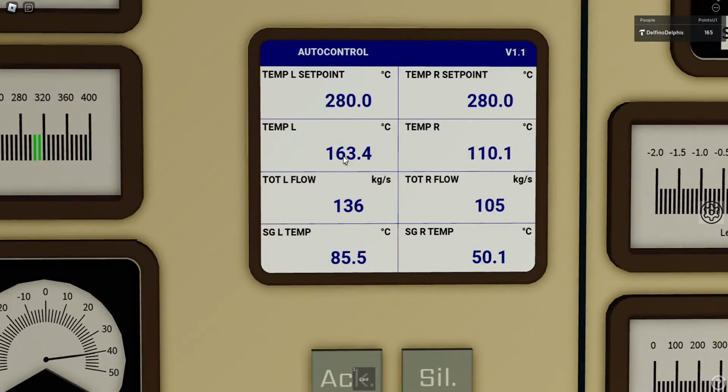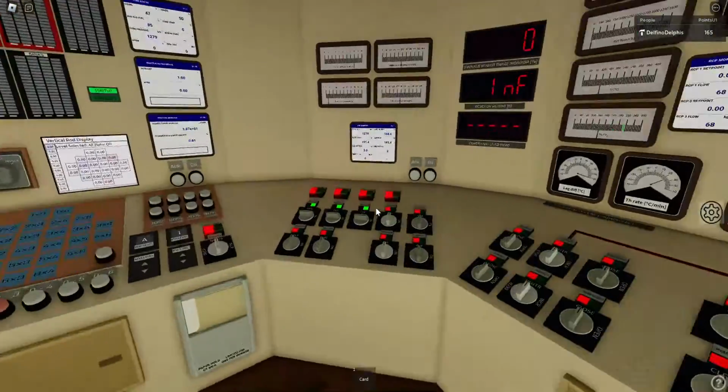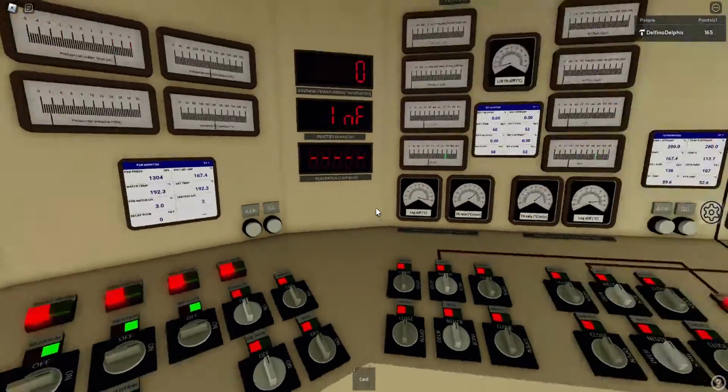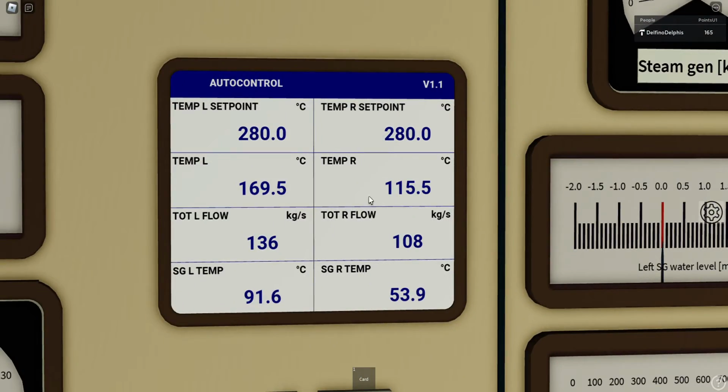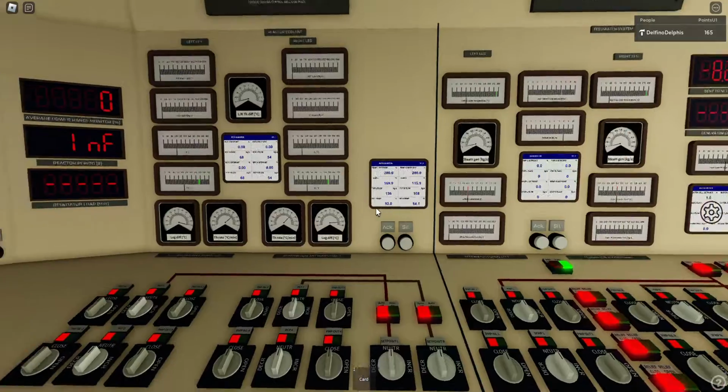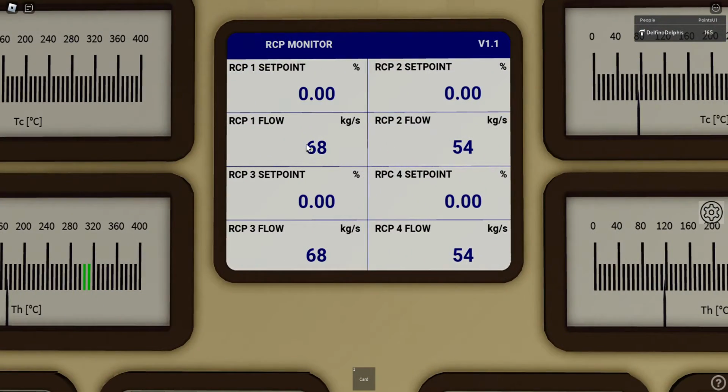You can see the temperature in the left leg is 164. In the right leg it's cooler. This is because the heater works only in the left part where the pressurizer is located. Later on they will even out. You can also see that there is some circulation already happening.